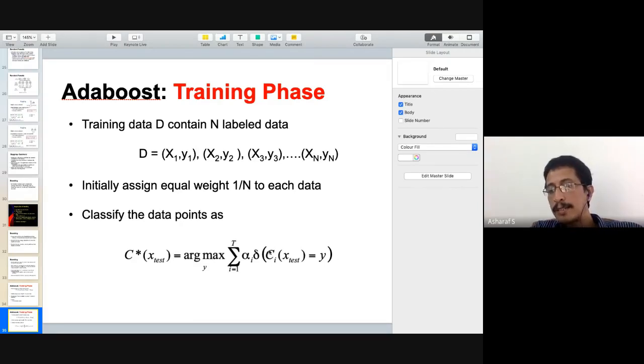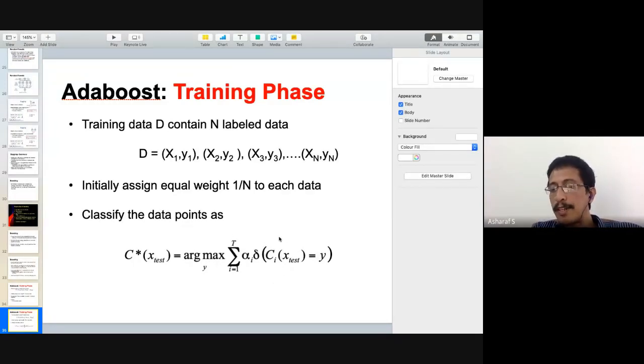So for the other class, this is actually 1, this is 1, all right? Since this is 1, this match will occur only when this classifier is predicting correctly. Only when this value is equal to 1, this delta will be 1, which means that only for that y, this will get summed up.